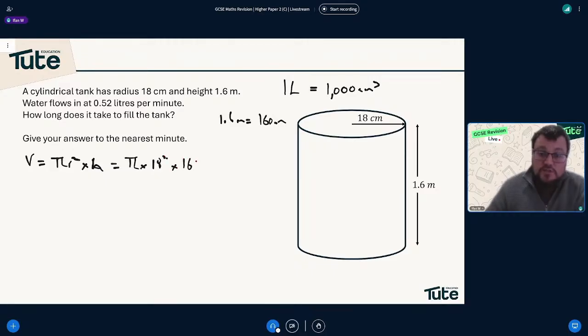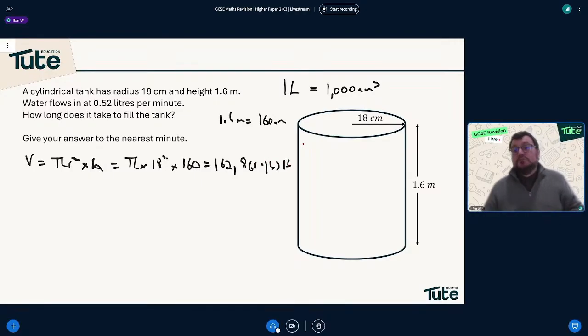And it is going to be a big number. It is going to be 162,860.16316. Try to put your answer as much as you can, what you see in your calculator, okay?